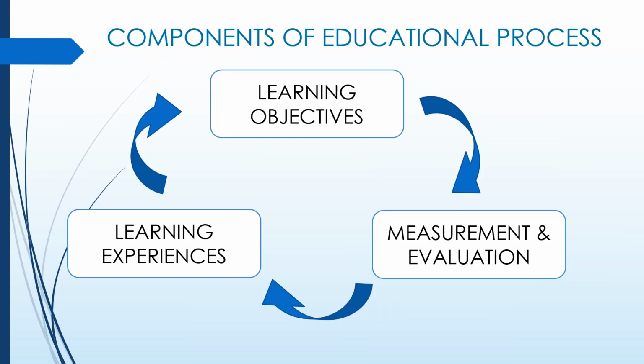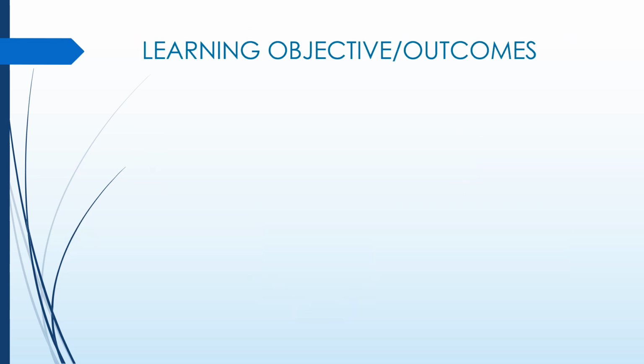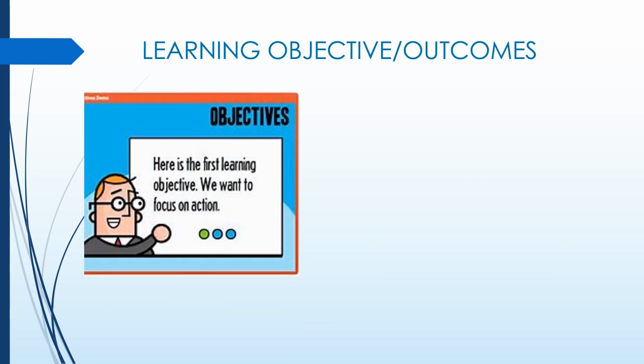The second component is the learning objectives or learning outcomes. The teacher sets learning objectives or learning outcomes before the execution of any lesson where the learning experiences are made evident. What does learning objective mean?